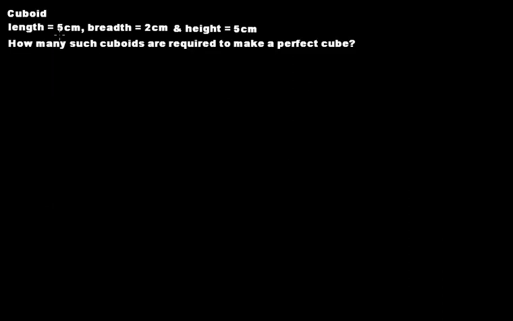Now can you solve this one? Same thing. Its length is 5 centimeter, breadth is 2 centimeter, and height is 5 centimeter. So if the initial volume is V, and that is length times breadth times height, it means that it is 5 multiplied by 2 multiplied by 5 centimeter cubed.